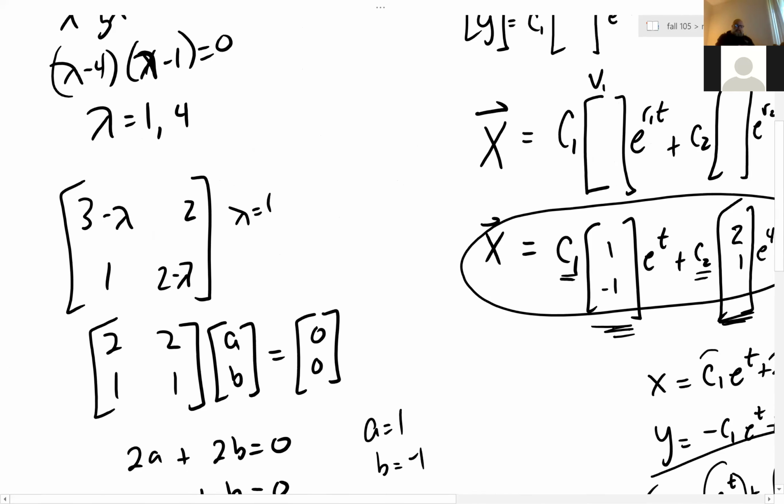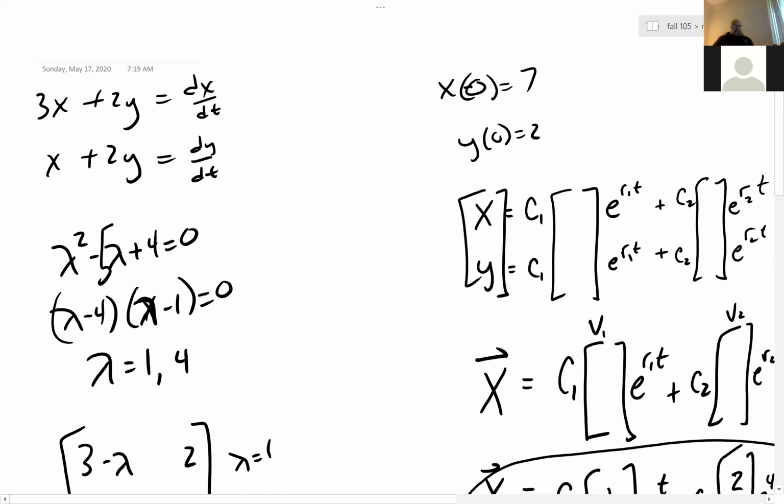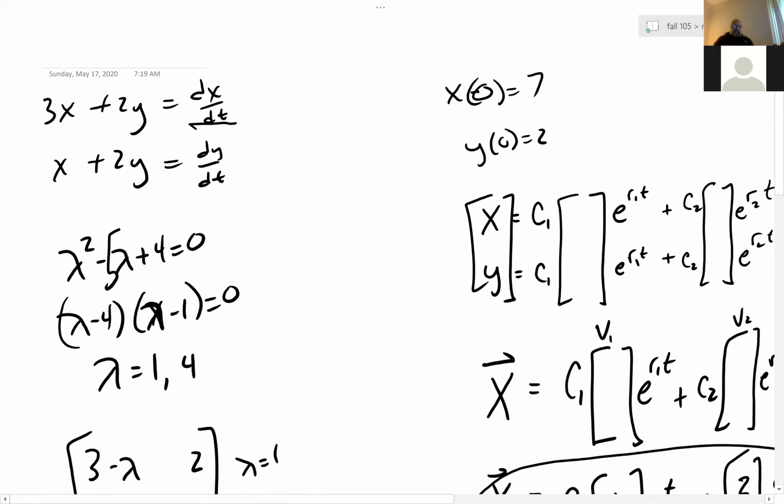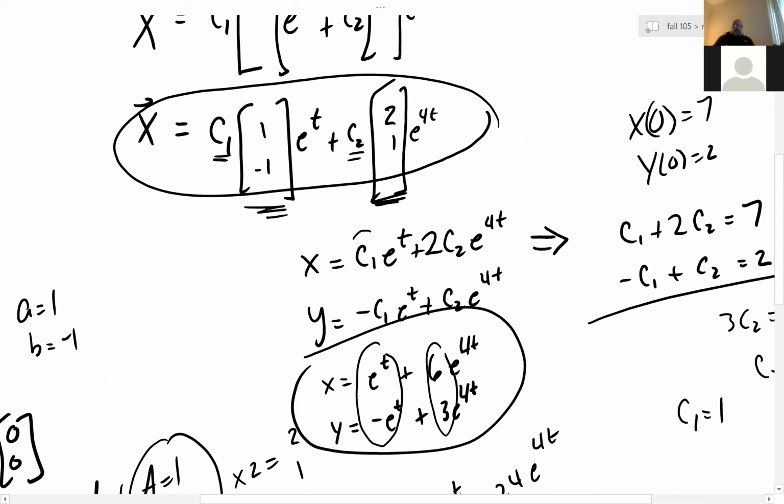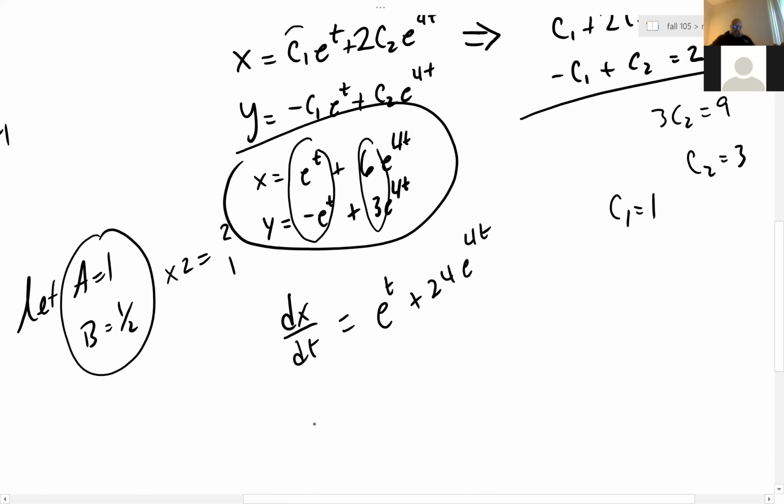it said that dx was equal to 3 times x plus 2 times y. Well, what would 3 times x be? 3 times x would be 3 e to the t plus 18 e to the 4t, and then plus 2 times e to the negative 2t, or e to the t, whatever, plus 3 e to the 4t.